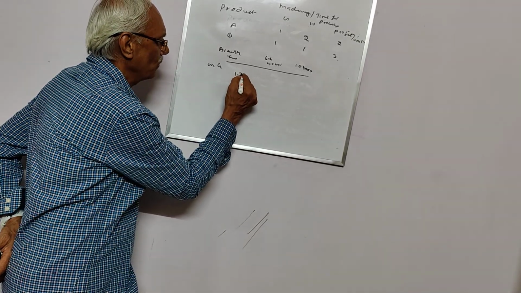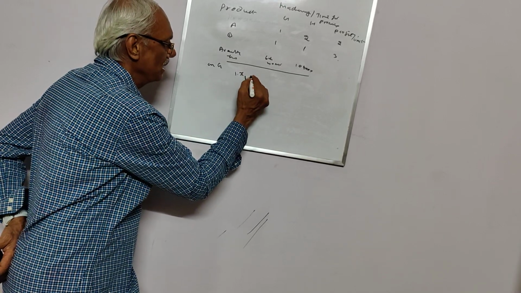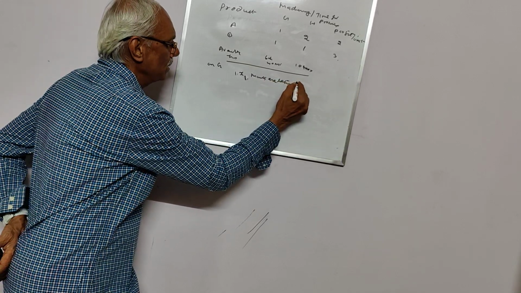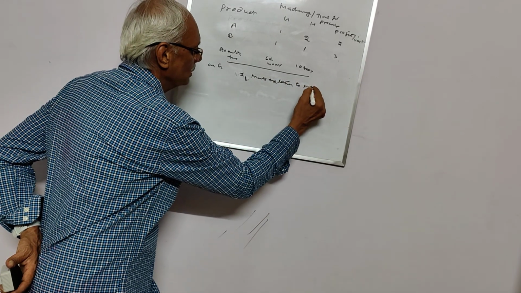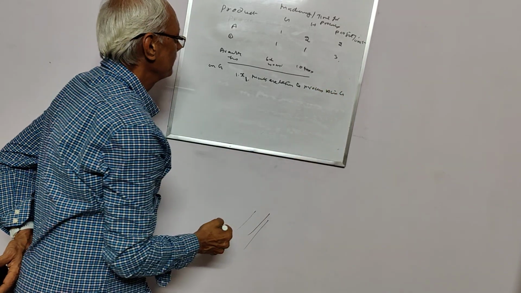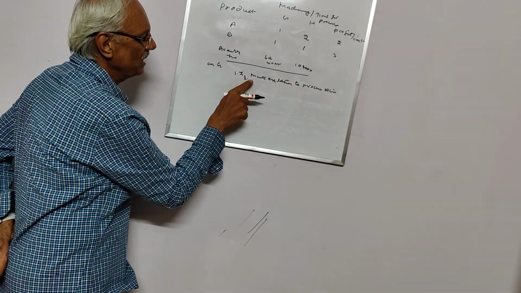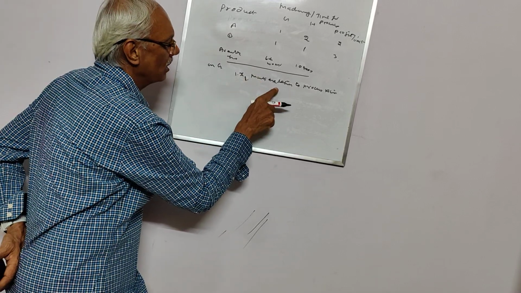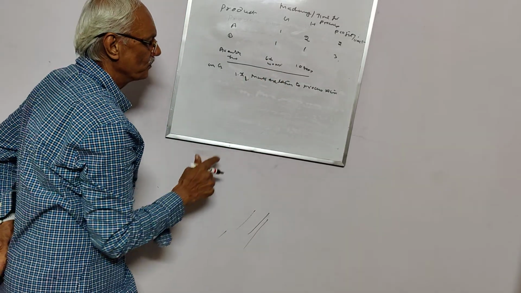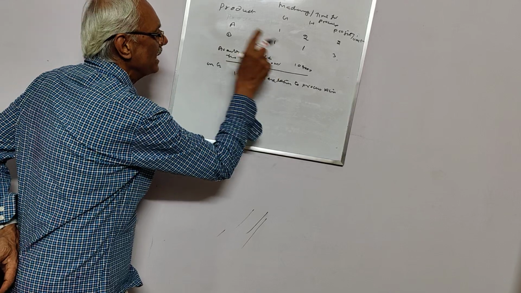So 1 into x1 minutes are taken to process A on G. Likewise here for B it is again 1 minute.